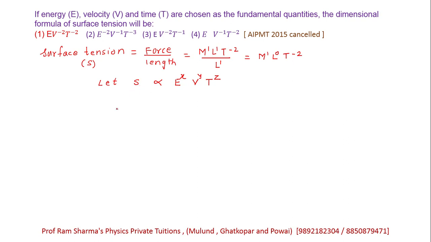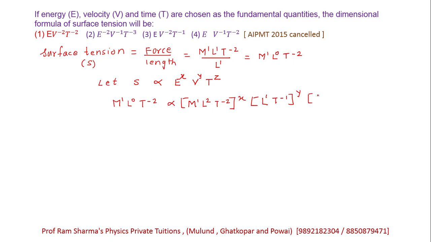The dimensions of surface tension, as we already obtained, is M¹L⁰T⁻², proportional to the dimension of energy, which is M¹L²T⁻², and the power is x. The velocity is length upon time, so L¹T⁻¹, and the power is y.